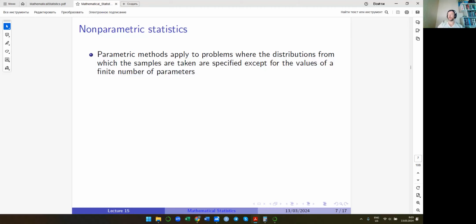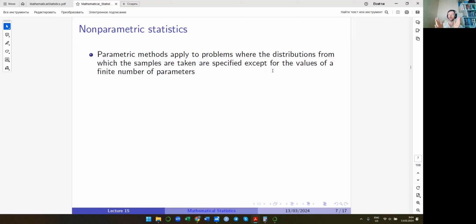Everything that I listed in the introduction: t-test, z-test, ANOVA, chi-square test, f-test, etc. Those are parametric statistics. Parametric methods apply to the problems where the distributions from which the samples are taken are specified. Everything that we call parametric statistics has an assumption about the underlying distribution.